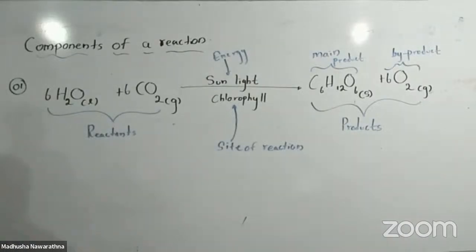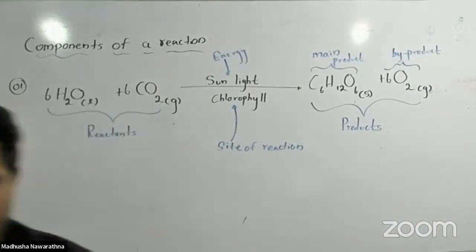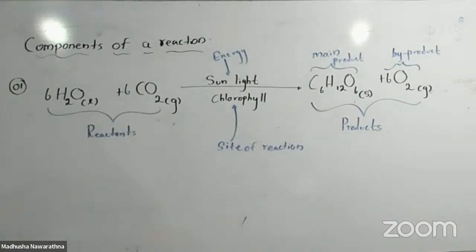Sunlight කියන්නේ source of energy. ඉක්මන් කරමු පුතේ ලියාගමු. Reactants, products, energy and the site of reaction. හැම reaction එකකම site of reaction එකක් එහෙම දෙන්නේ නැහැ. හරිද? එහෙම දෙන්නේ නැහැ.